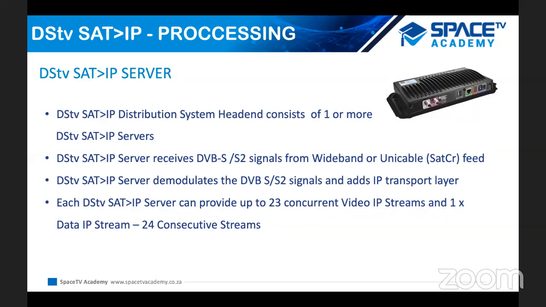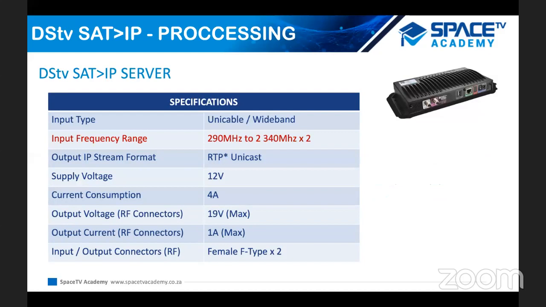So if your system is small and you have 23 or less, you can use 1 server. If you have, hypothetically speaking, 40 points, you will use 2 servers, etc. And that is how you can scale your system to accommodate however many points you need to feed in your distribution system. So the SATIP server, basic specs, we said the input is either unicable or wideband.